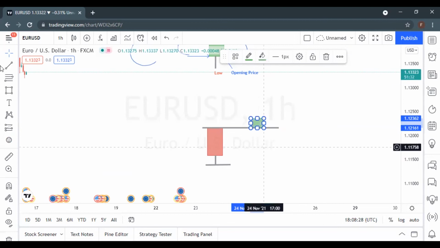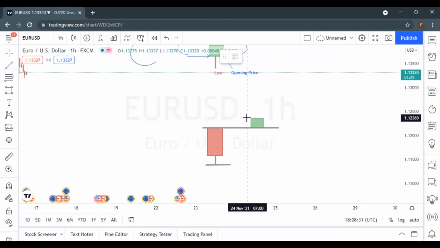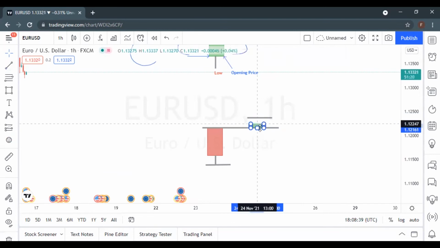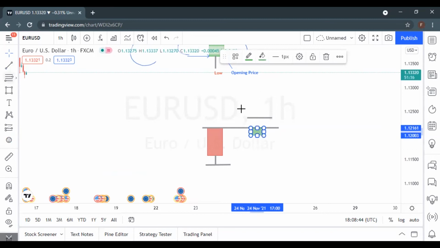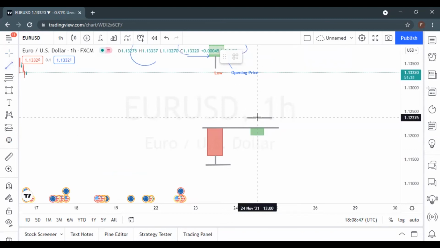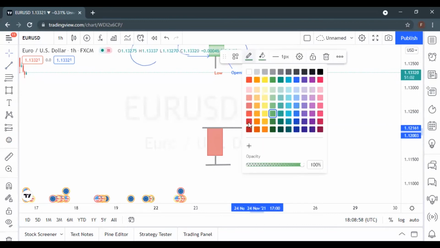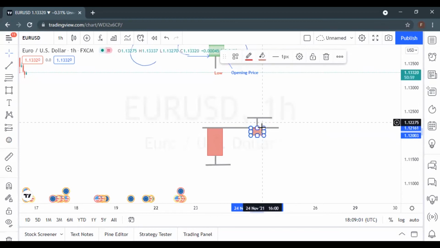Then it reaches the highest point. If there is a rejection from the sellers, they outcompete the buyers and we'll see the market pushing to the downside. So when the sellers are rejecting the buyers, we see a shadow being formed right here. Then it will change its color to red, right?